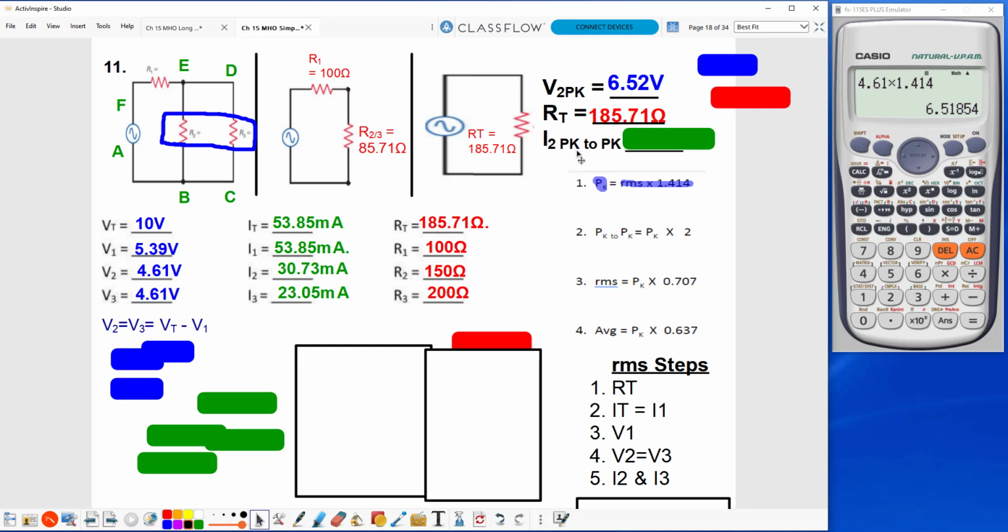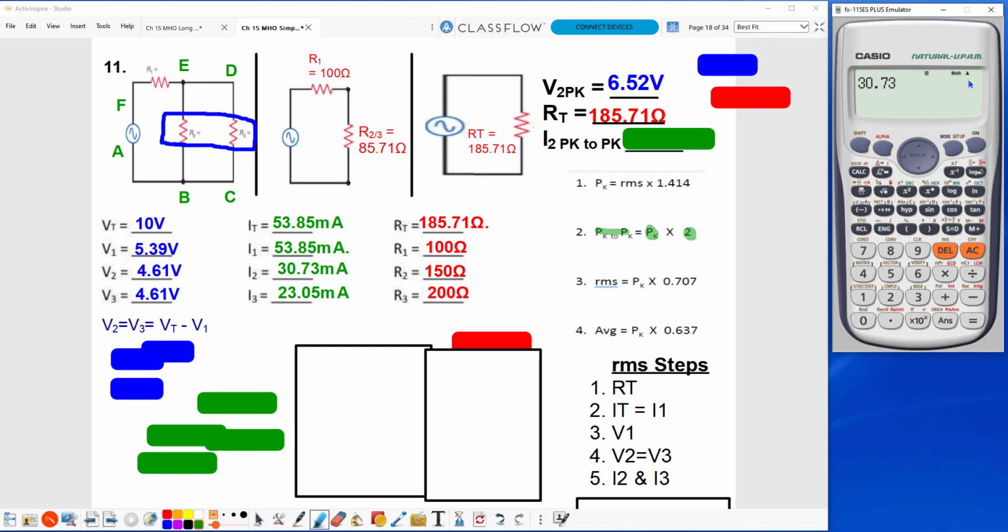Now I need I2 peak to peak. My formula shows me that peak to peak is equal to peak times 2. So the first thing I want to do is find I2 peak. I take the I2 value of 30.73. Since I know that my answers are going to be in milliamps, I don't have to put the milliamps in here.